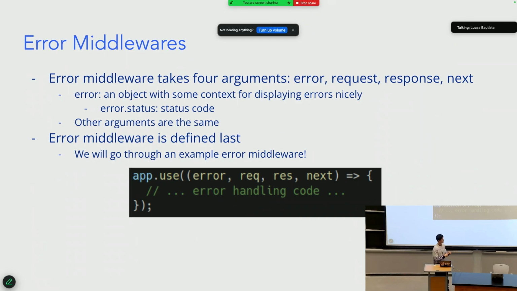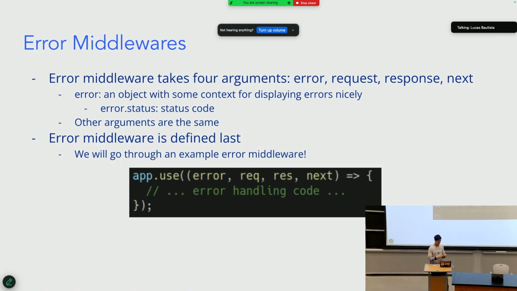The error is an object which tells us a lot about what is going on in that error. For example, if you type error.status, that will represent the status code of the error that is coming in, and all the other arguments represent the same thing that we just talked about for normal middlewares.